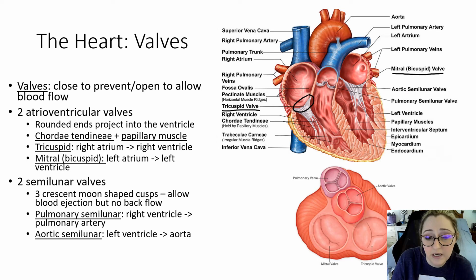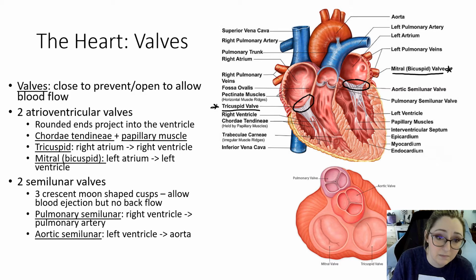You can remember it either way. I'd suggest bicuspid, but if you can remember mitral a little bit better, that's fine with me. But tricuspid and bicuspid kind of makes sense to me. Just remember that in the order of things, tri is first, bi is second. And remember, these are just separating the atria from the ventricles.